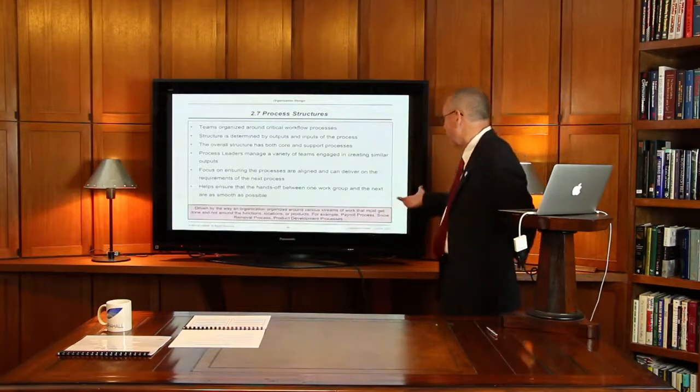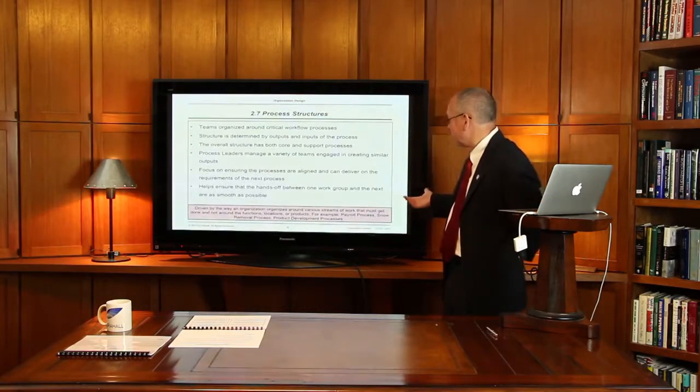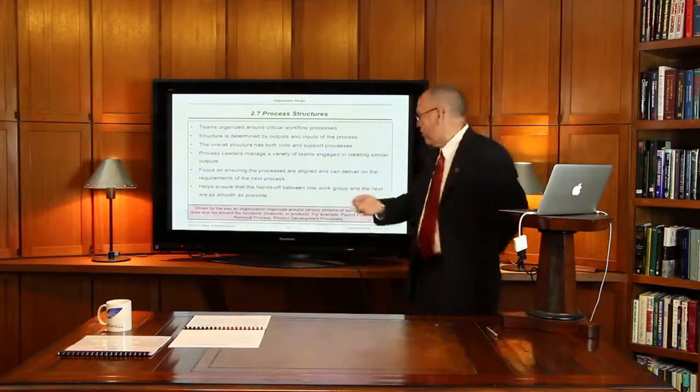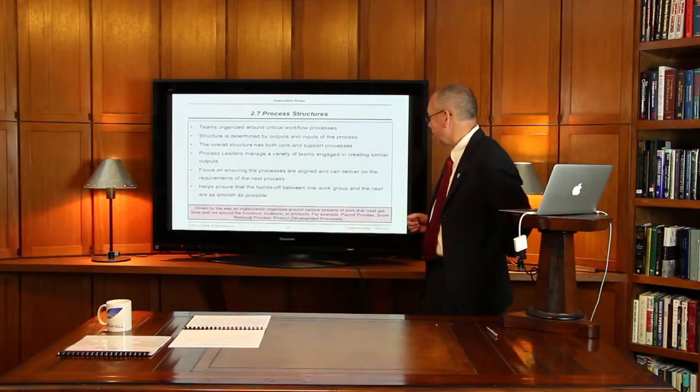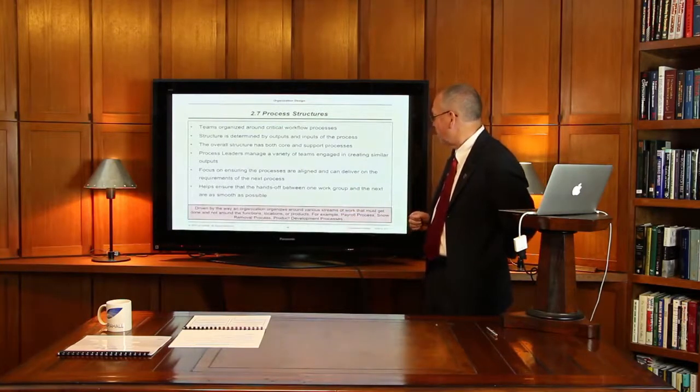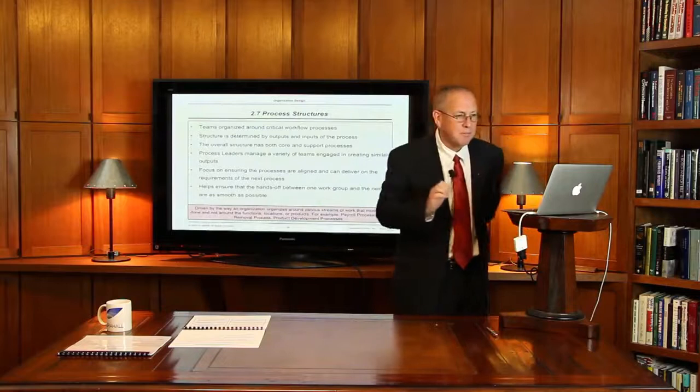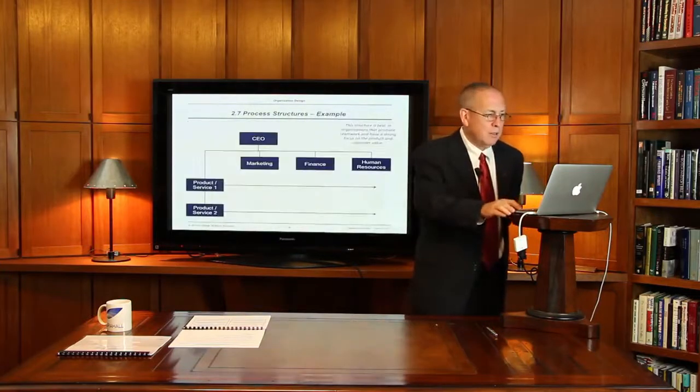For example, payroll process. If you're a municipal government, in the winter, you've got a snow removal process. In a high-tech company, you would have a product development process, etc. So the organization is focused around the process. And that's what that might look like.